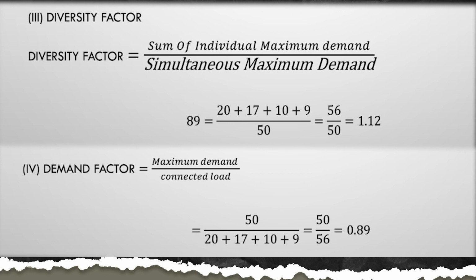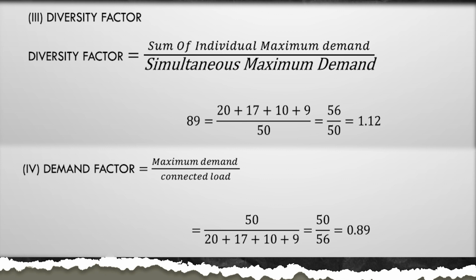The last question in this is demand factor. Already we know that the demand factor is the ratio of maximum demand to connected load. Here the maximum demand is 50 megawatts, that means the annual peak load, by the connected load, meaning the power station supplies loads having maximum demand of 20 megawatt, 17 megawatt, 10 megawatt, 9 megawatt.